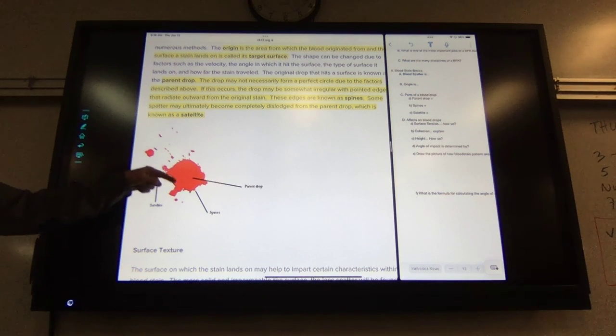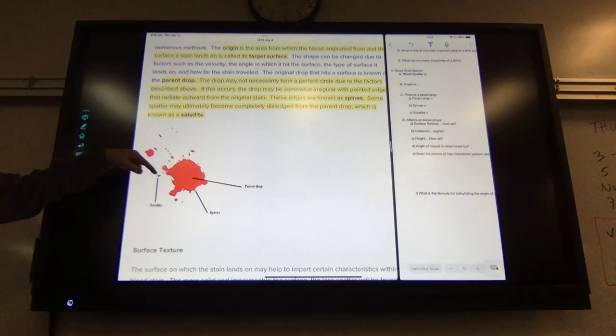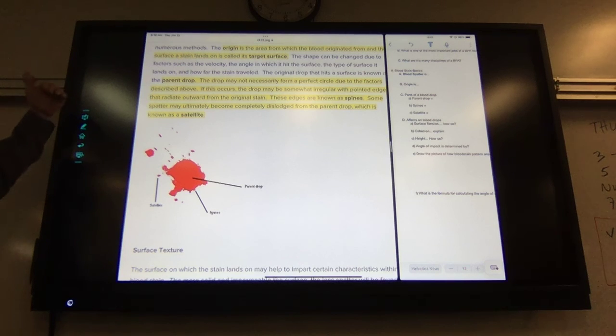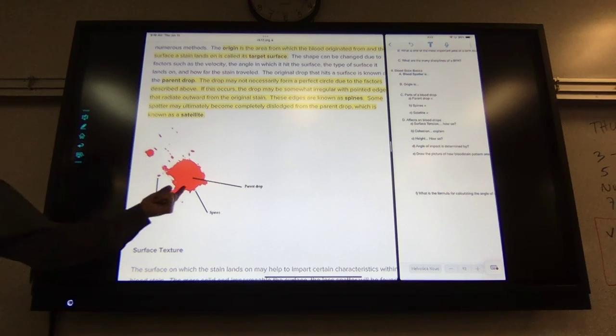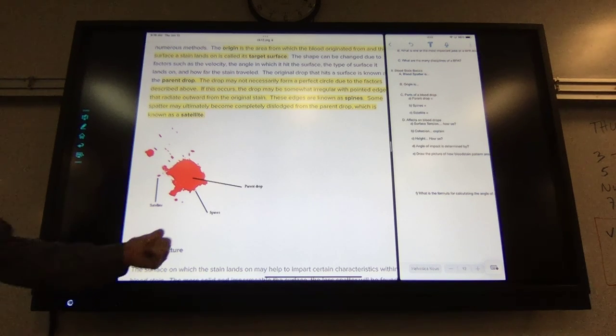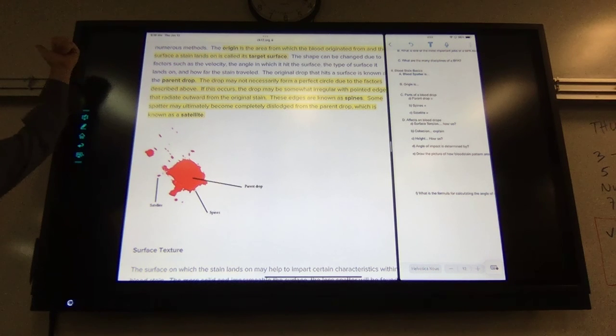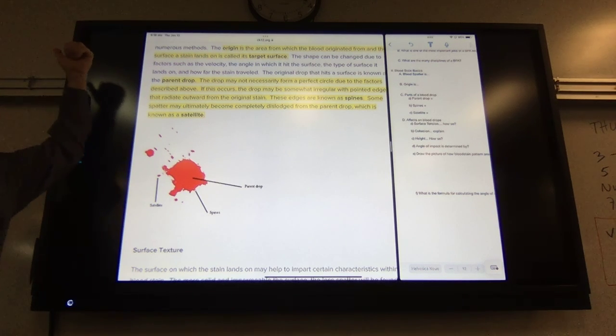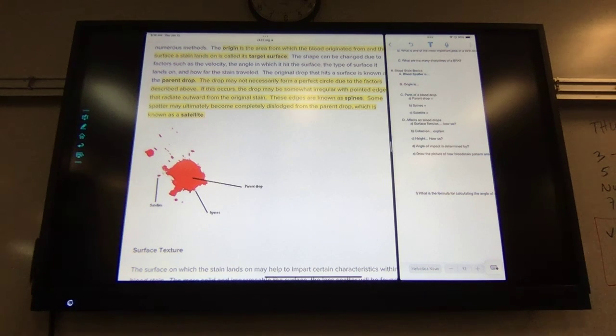So if down toward the right is the only place where the spines are, then that was the direction that someone was moving when the blood hit the surface. So the spines always point in the direction that the blood was traveling. So if you want to know where it's coming from, then you would work backwards that way. Up to the left is where it originated, and it's moving down to the right.